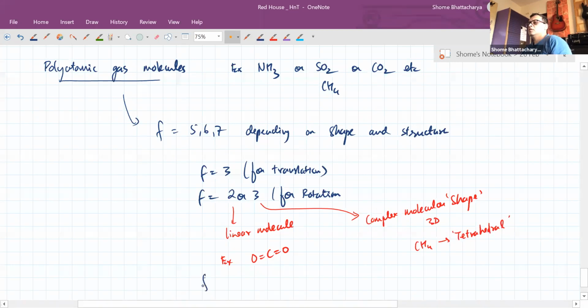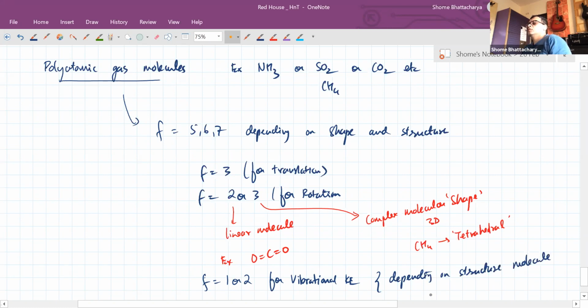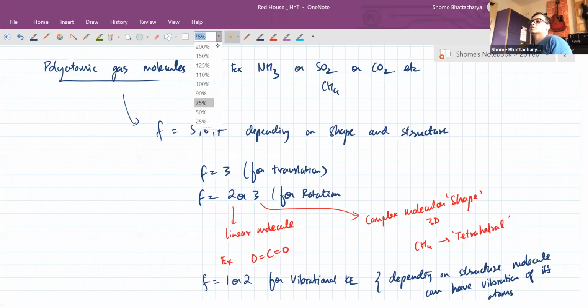And it can be 1 or 2 for vibration, because depending on the structure, the molecule can have vibration of its atoms along different axes.